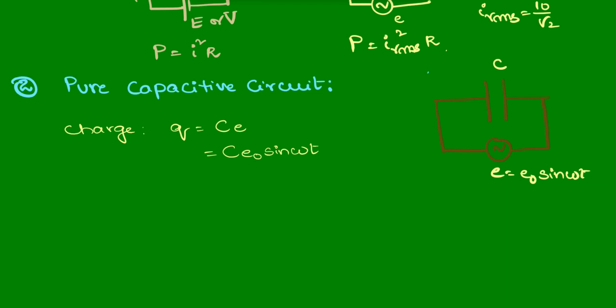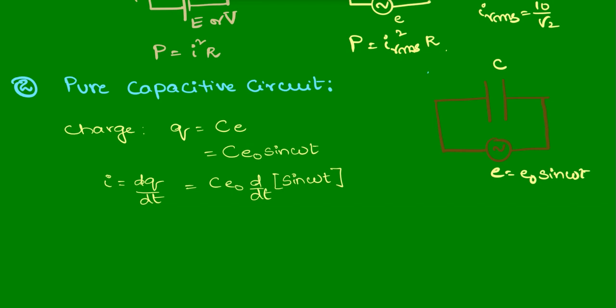So now if they ask what the current is, current is nothing but the rate of flow of charge, dq by dt. Here C and E naught are constants, so we take d by dt of sine omega t.